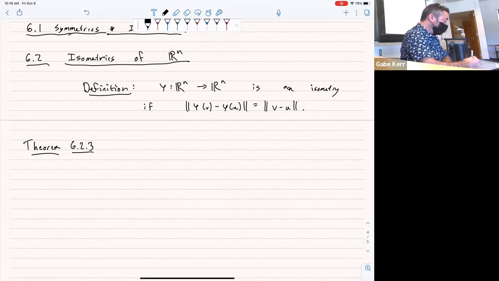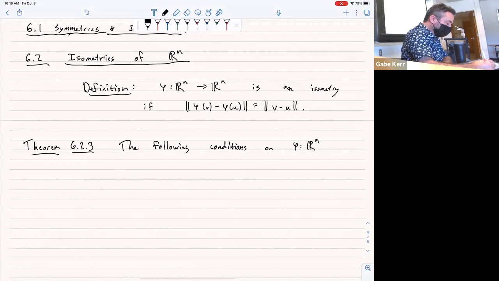It gives us characterizations of all the isometries of Rn. The following conditions on a map phi from Rn to Rn are equivalent.